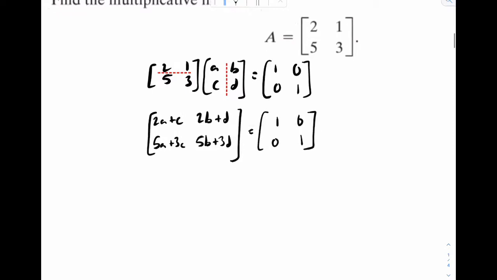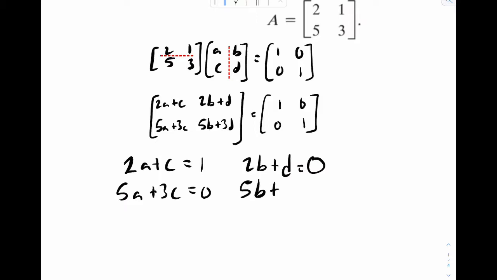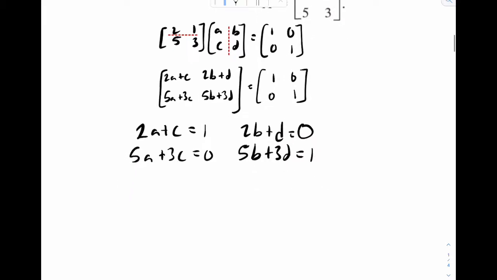And then we translate that to equations. 2a plus c should be 1, 5a plus 3c should be 0, 2b plus d should equal 0, and 5b plus 3d should equal 1. And then we're not going to solve that here because you guys can all solve a system.